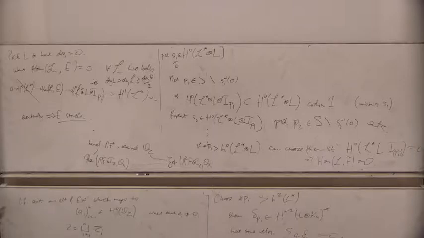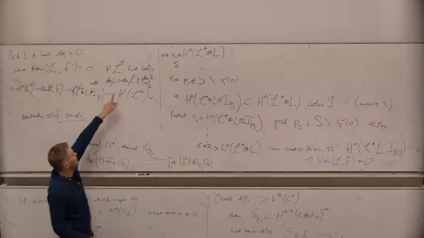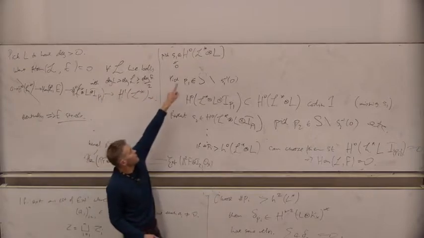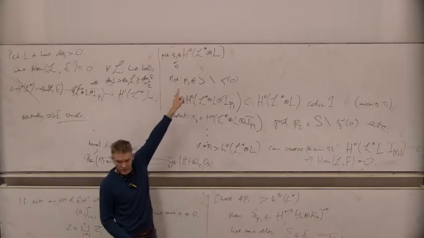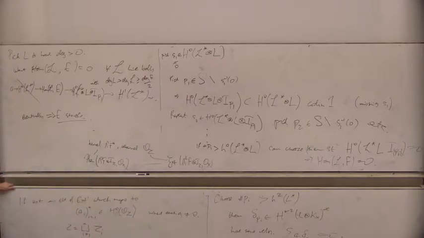You couldn't do it for very, very negative curly L's because you will always have Homs from very negative line bundles to your E. And you don't want to, they don't affect stability, so you don't care about that. Yeah, so it's to make this a bounded family. The set of curly L's which satisfy this inequality and have non-zero space of sections here form something called a bounded family. It just means you can control it. Okay.